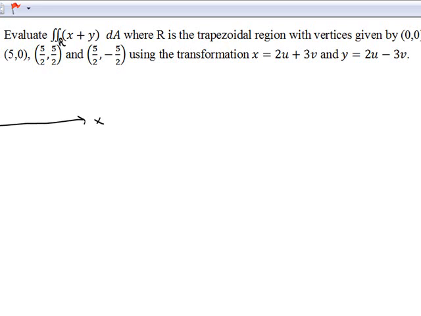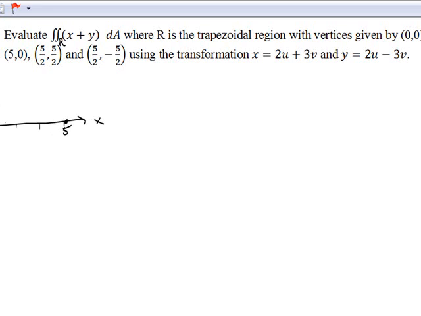Okay, so we need 0, 0. 1, 2, 3, 4, 5. 1, 2, 3. 1, 2, 3. So we need 5, 0.